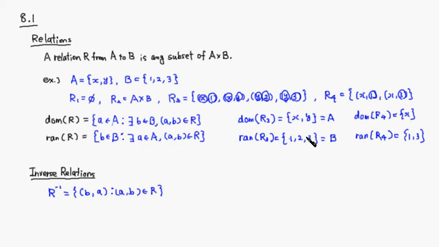So for example, if you look at R4, the example we looked at up here, R4 inverse is going to be simply (1, X) and (3, X), right? Just reversing the first element and the second element, right?